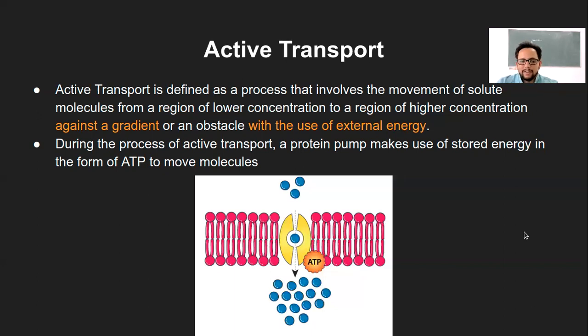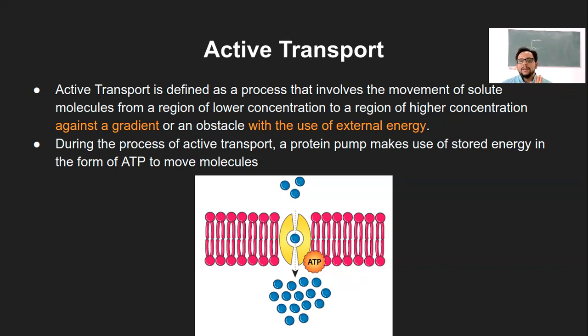Now, the next process that happens in the plant is active transport. Now, in active transport, the most important parameter is that it happens against the concentration gradient. Diffusion happens along the concentration gradient. Active transport happens against the concentration gradient.